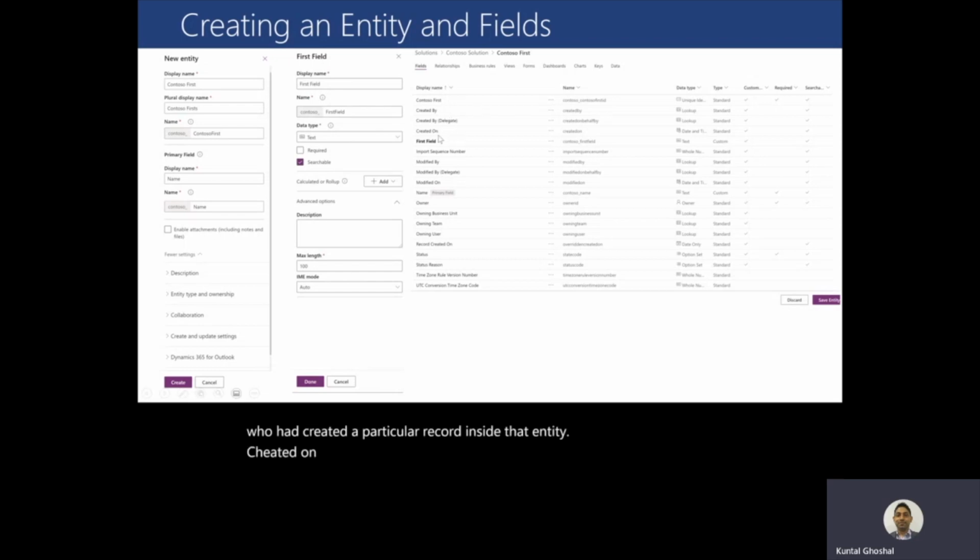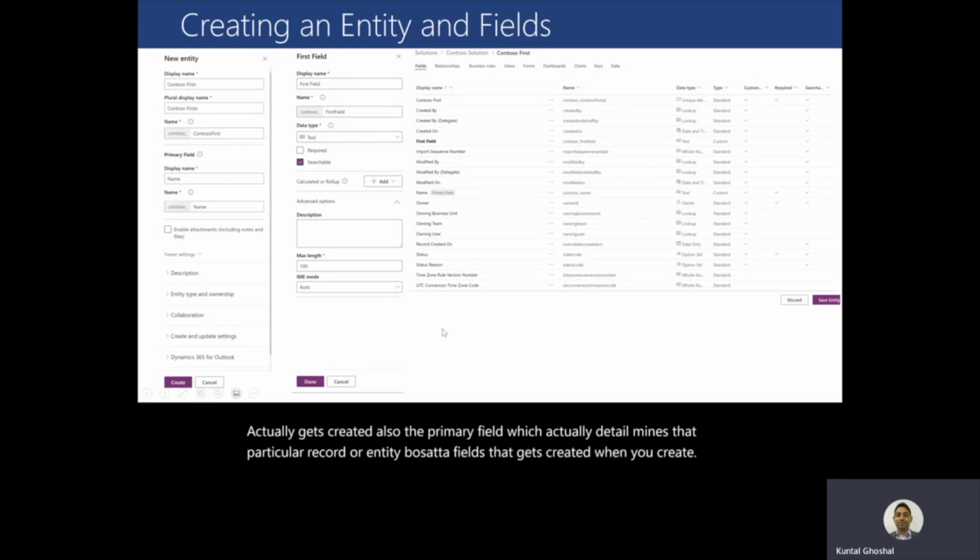Created on is when that particular record has been created, who had modified, when it is modified, who is owning that particular record. Is it owned by a business unit or by a team or by a particular user? What is the status of that particular record, whether it is an active record, an inactive record, what is the status reason, the time zone. All these fields actually get created. Also the primary field, which actually determines that particular record or entity. Those are the fields that get created by the platform itself when you create an entity.